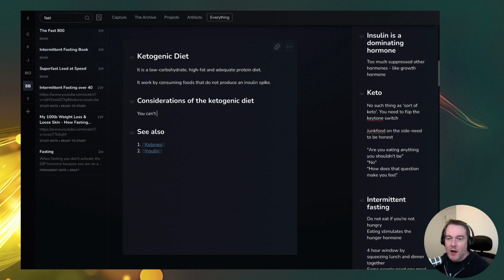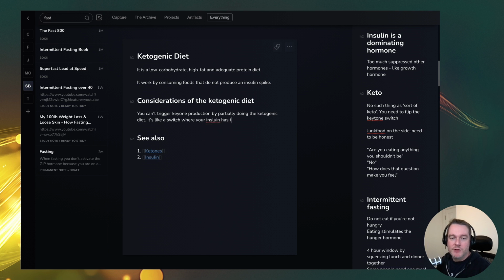But for now, you can't trigger ketone production by partially doing the ketogenic diet. So it's like a switch, where your insulin has to be below a threshold for it to activate.